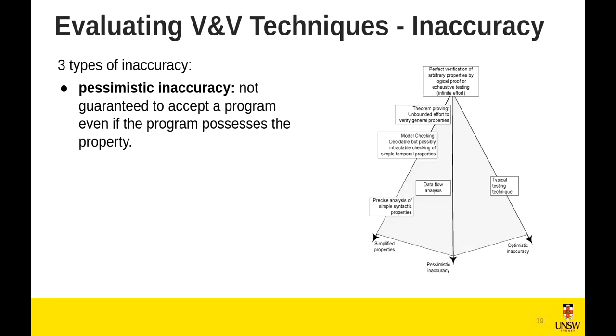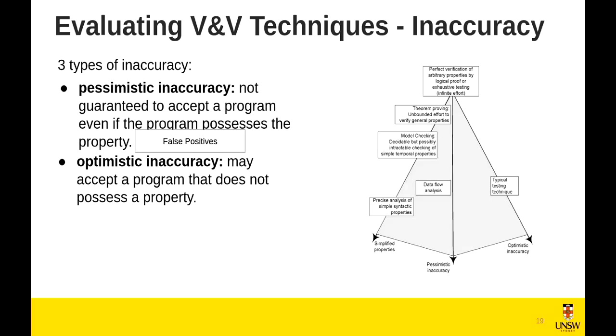The first one is called pessimistic inaccuracy. It is pessimistic, so it is very strict. It is not guaranteed to accept a program, even if the program possesses some desired properties. And this will give us some false positives, which means that this piece of code doesn't have a bug, but the technique will say that, okay, there's a bug, because it is too strict. It is pessimistic.